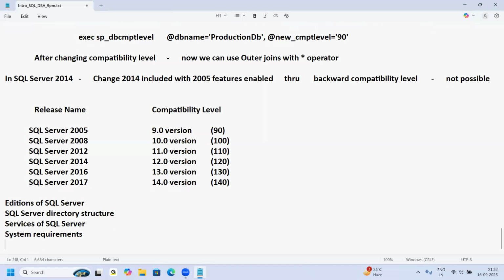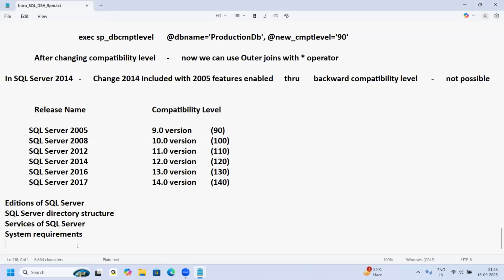And after explaining this, we will go with installation. Then we will learn the installation part.